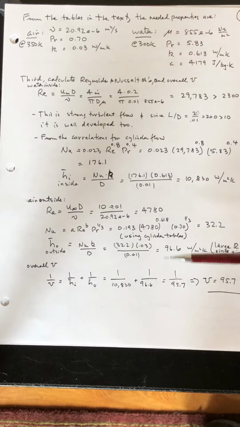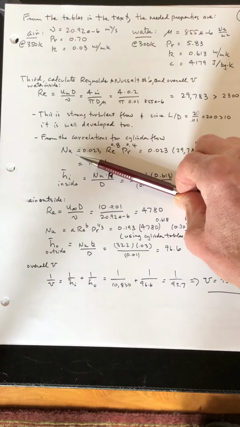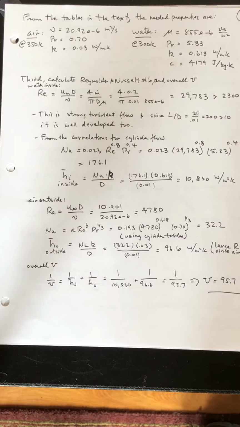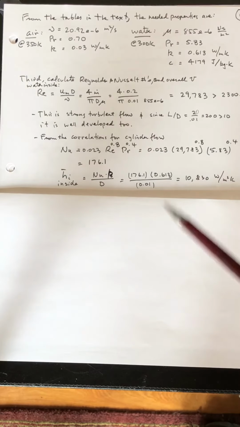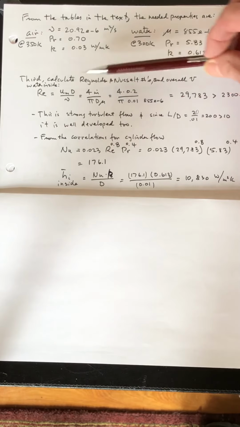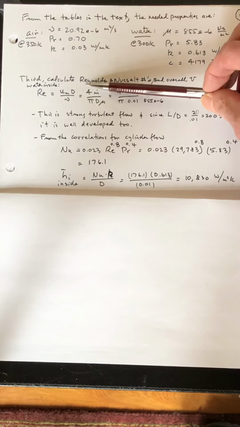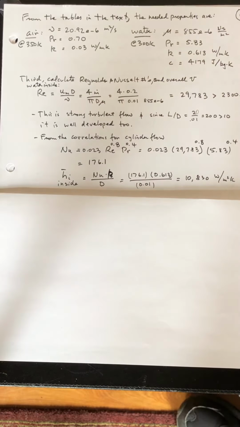Then, as we've done before, we calculate our Reynolds number and our Nusselt number. Let's just cover this one up so we can focus on the inside flow. When you're given flow rate and you need to calculate a Reynolds number, this is a good relationship to use that you get using the continuity equation.